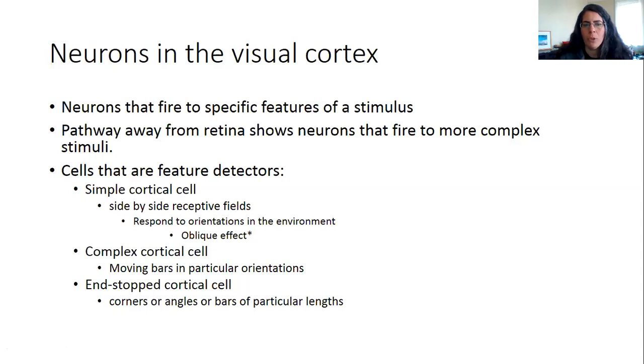They're very similar to our on-off center surround, but instead we have an on-off side-by-side receptive field. And they respond to orientations in the environment. We also see complex cortical cells, which respond to moving bars of light in particular orientations, as opposed to stationary bars of light. And end-stop cells respond to corners or angles of bars of light in a particular length.